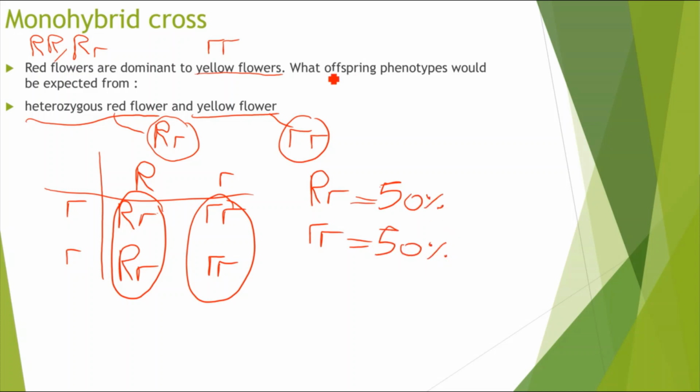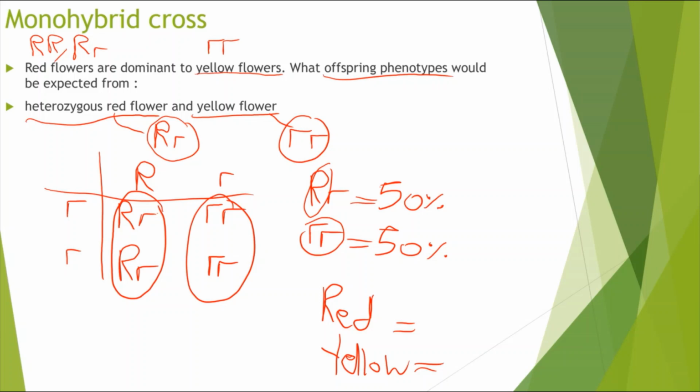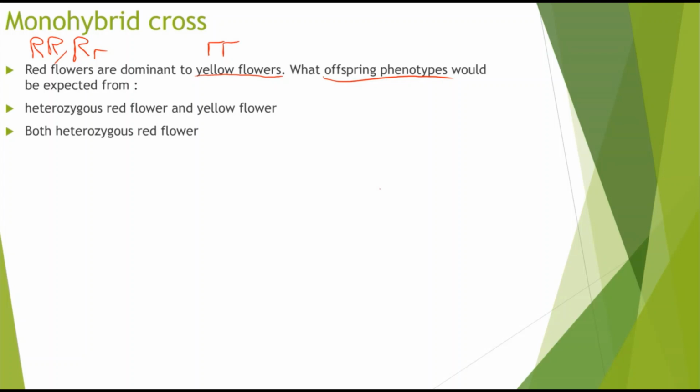Now, because it's asked me for the offspring phenotype, one is red because we have a capital R in there, so that will be expressed, and we also have yellow because we have two lowercase r's, and so the yellow will be expressed in that case. So we can say that in this case the red has a 50% chance and the yellow has a 50% chance. For the next example, they have told me that we're crossing both heterozygous red flowers.